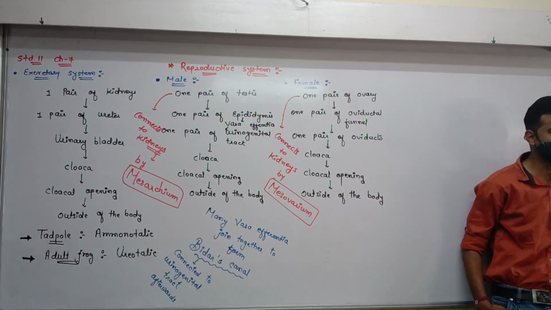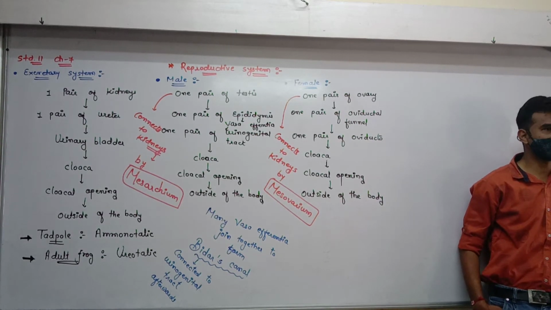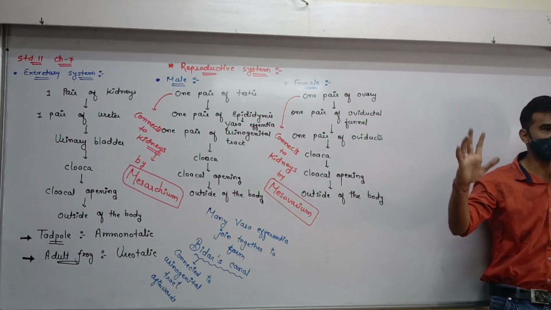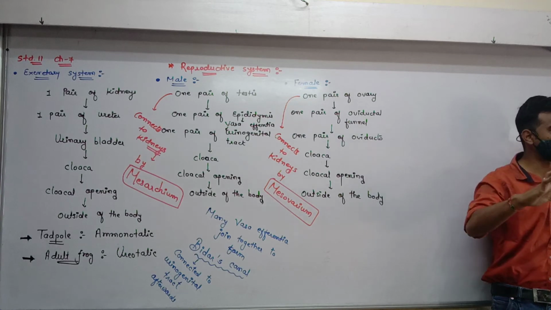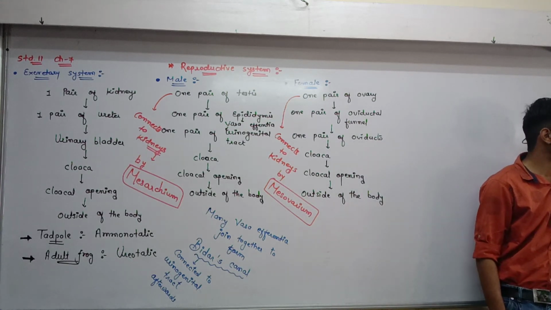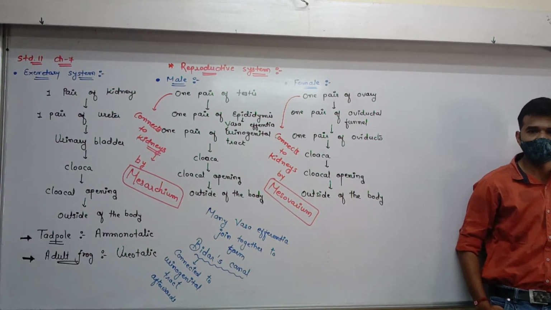Fertilization occurs outside of the body, inside the water. First, after copulation, the female releases the ova into water. Then the male releases the sperms into water. And in water, so many eggs are formed.